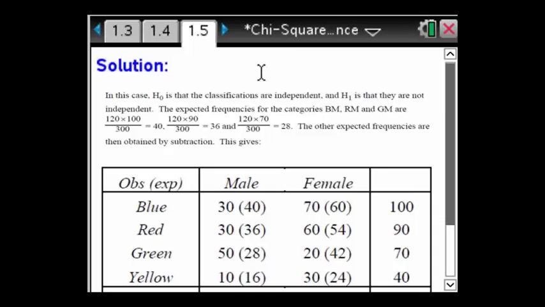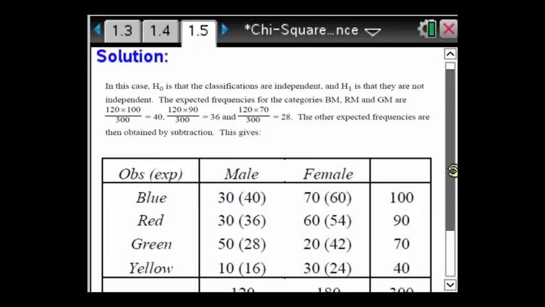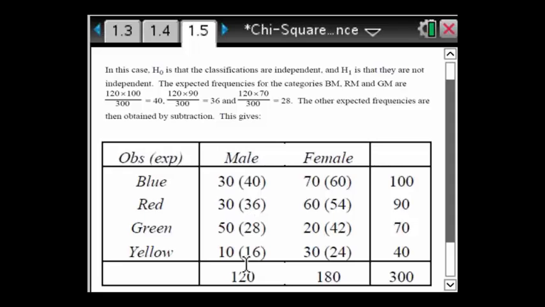So for example, if we look at blue and male, the expected frequency is equal to the row total, which is 100, multiplied by the column total, which is 120, and then divide by the total number, which is 300, and that gives you an expected value of 40.